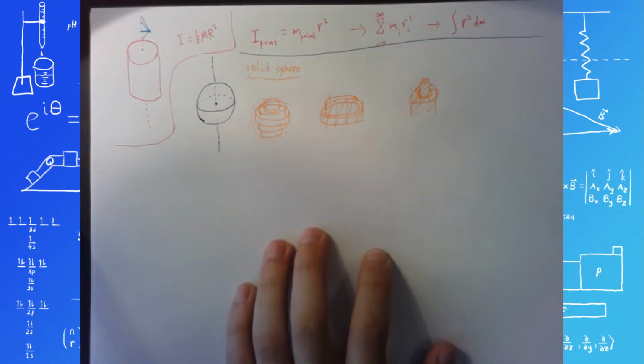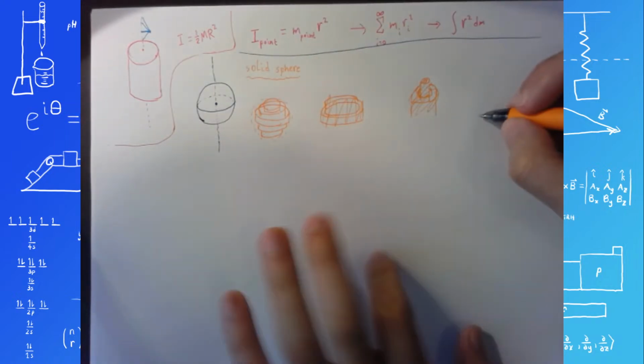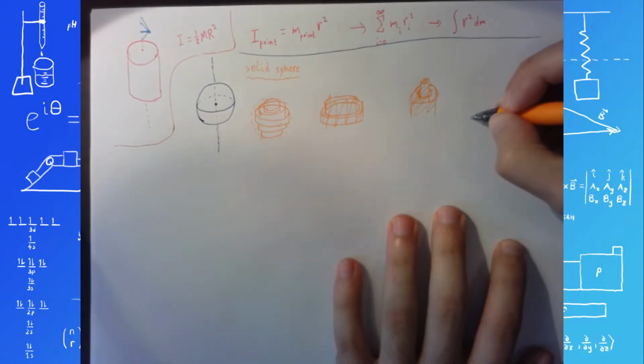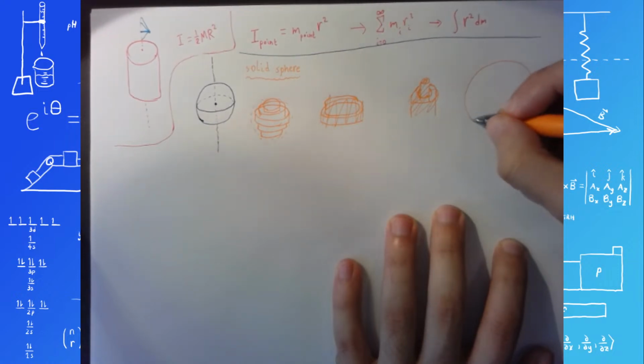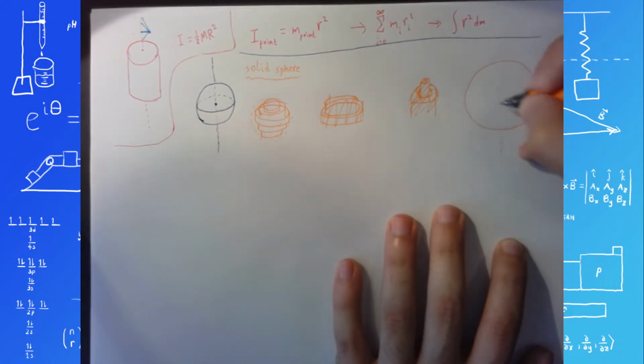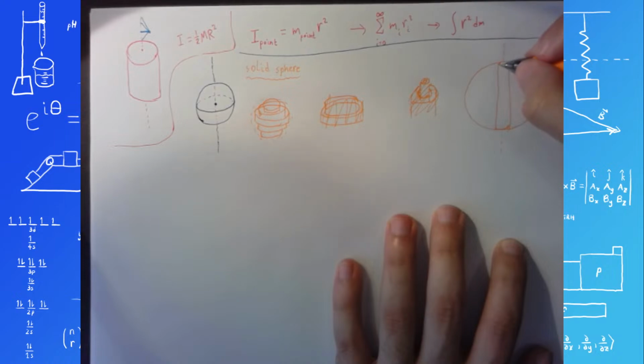Let me think. If I start with a sphere, let me start with my sphere. And then I want to chop it up into, I guess we're going to have a cylinder here, and then let's say another cylinder here.